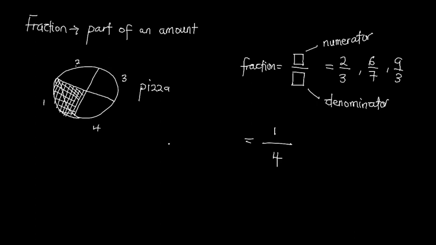We know that our total pizza is 4, the number of parts it has been divided into, but the parts yet to be consumed are 3, so it's 3 out of 4. So 3 over 4 is the part of the pizza that I am yet to consume, and 1 over 4 is the part that I have consumed.